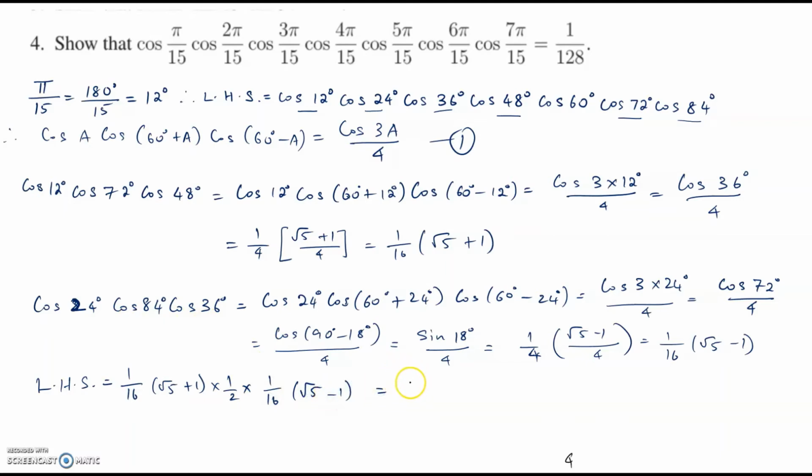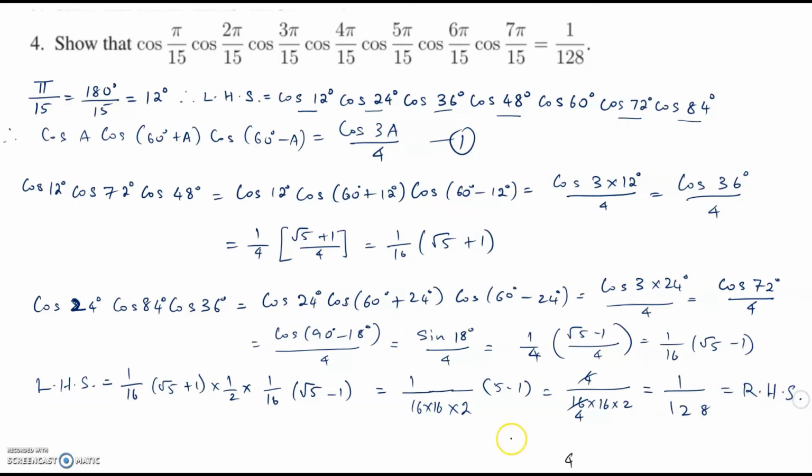So that's nothing but 1 by 16 into 16 into 2 into (root 5 plus 1) into (root 5 minus 1), which will be 5 minus 1. So therefore it's 4 divided by 16 times 16 times 2. So 4 divided by 128 is equal to the right hand side. Hence the proof.